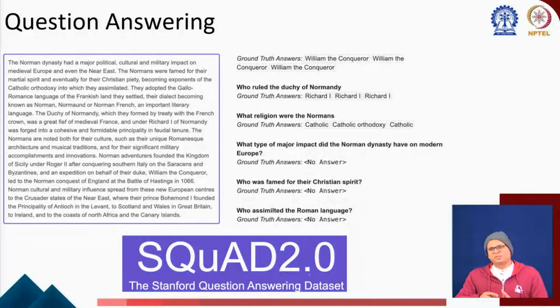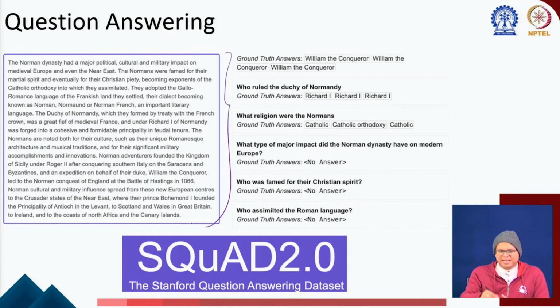Similarly, a more involved paragraph or document level task is question answering. Here I am taking an example from SQuAD, the Stanford Question Answering Dataset, which is a reading comprehension task. You are given a paragraph and your question is like, who ruled the Duchy of Normandy, and they took multiple annotations by people, labeled as spans in the paragraph that answer that question.